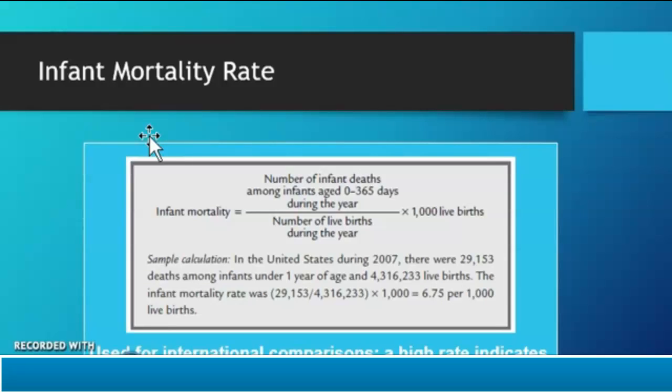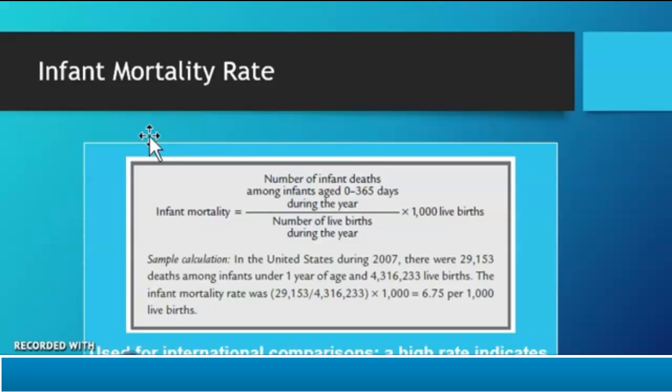Now I want to reiterate why it is necessary to be depicting some of these rates per 1,000 live births, or per 100, or as you saw in another example that I provided. The reason is that if you didn't do it per 1,000 live births, the number would be a decimal, and it's harder for us to grasp a number below 1.